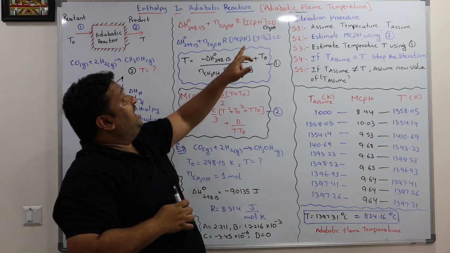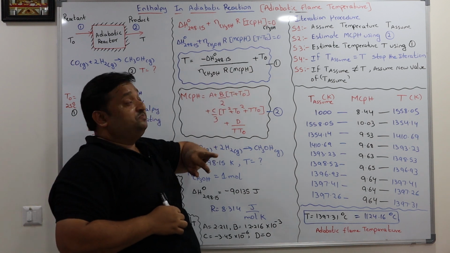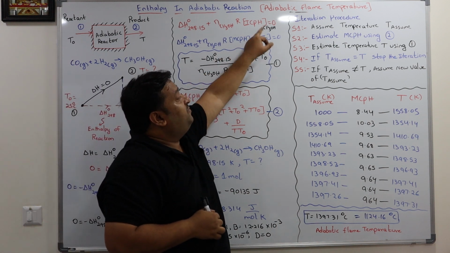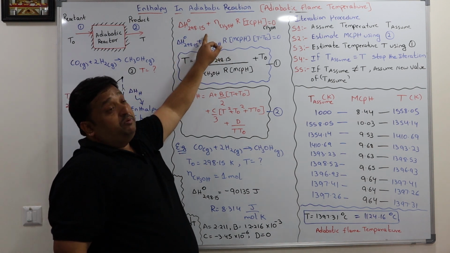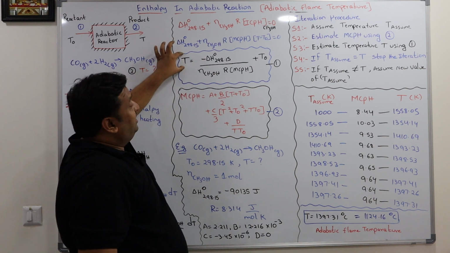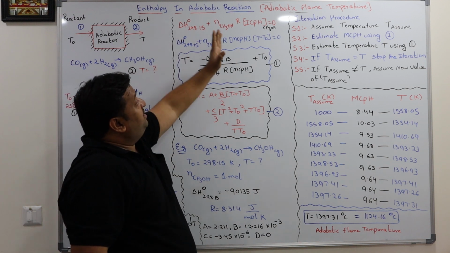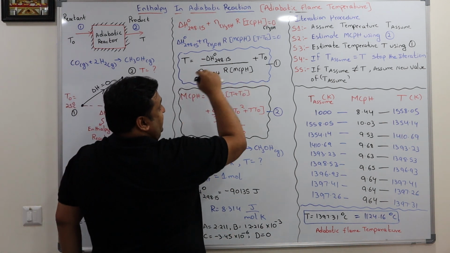What is this ICPH? It is nothing but MCPH into T minus T0. This is the MCPH of CH3OH. If you rearrange this equation, the objective is to find the temperature T. So keep T on the left hand side and the remaining terms on the right hand side. So you get the final expression.